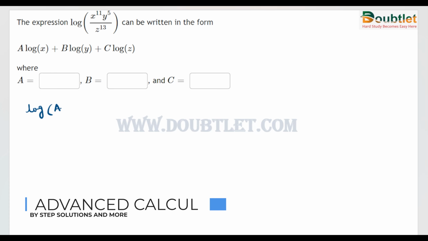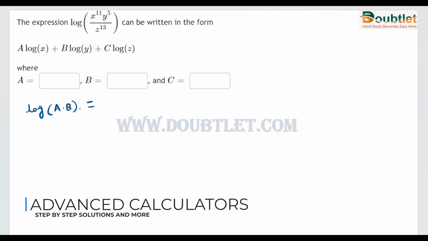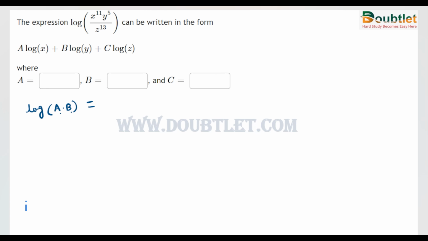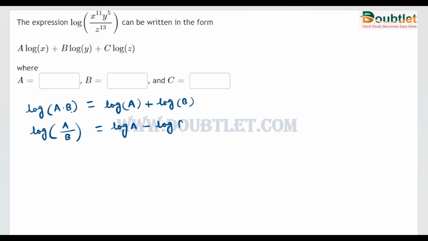Suppose log of a into b: if two values are multiplying, then we can write them in the addition form, like log a plus log b. If two values are in the divide form, that is, in a by b form, then we can write this log as log a minus log b.